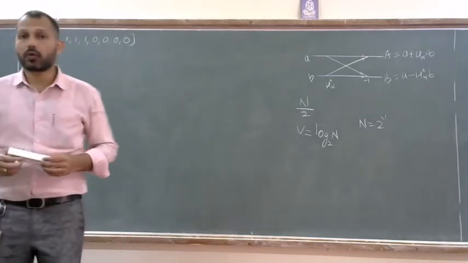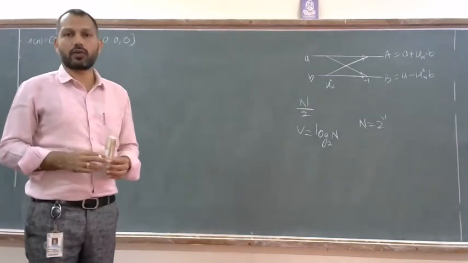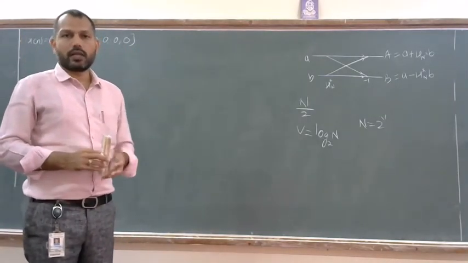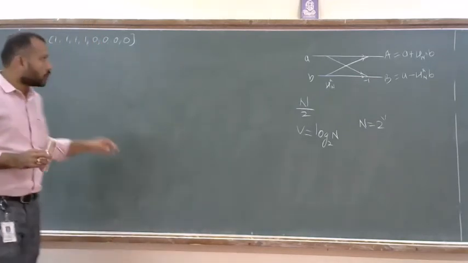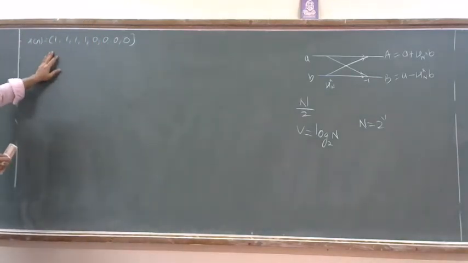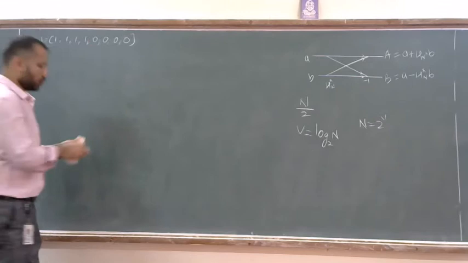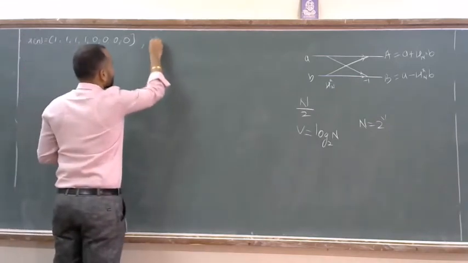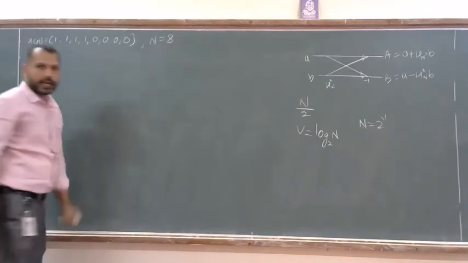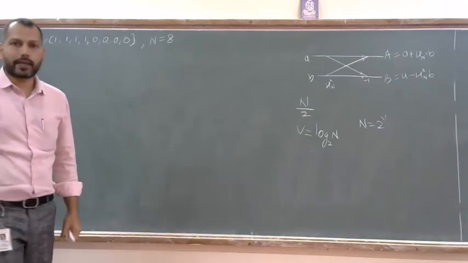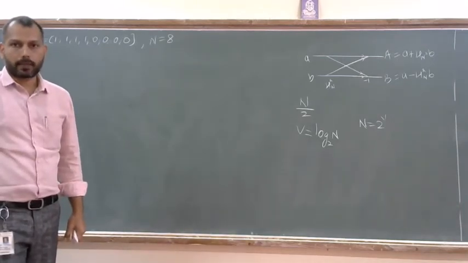Now, based on the concepts that we studied in the previous class, let us solve some problems. Let us try to implement the DIT-FFT algorithm to compute an 8-point DFT. So, the discrete time sequence is given by x of n equals 1 1 1 1 0 0 0 0. So, capital N, the number of samples in this discrete time sequence, is equal to 8. Okay.